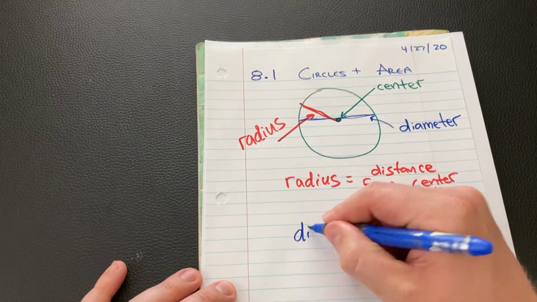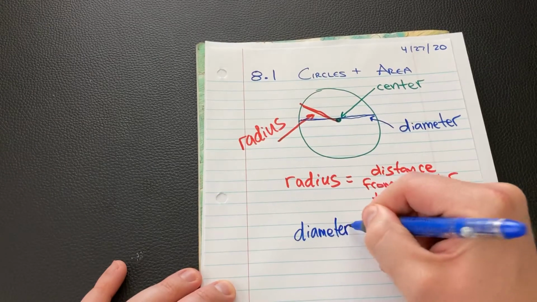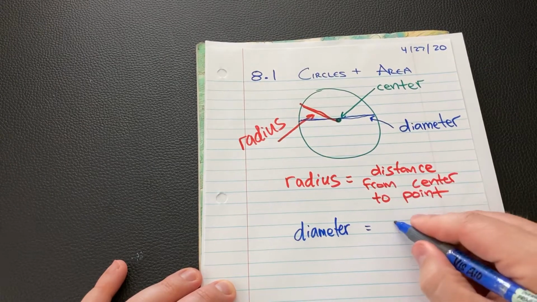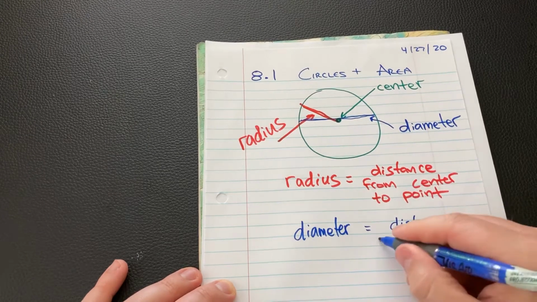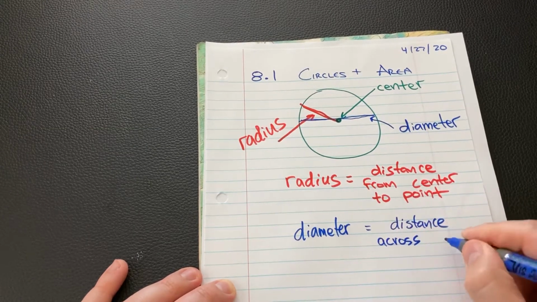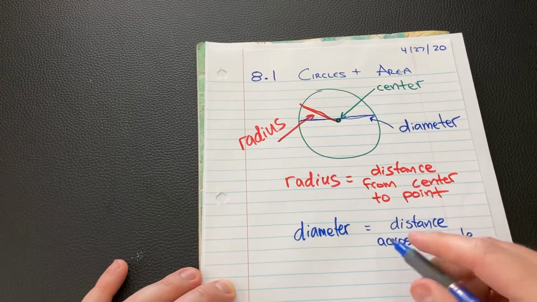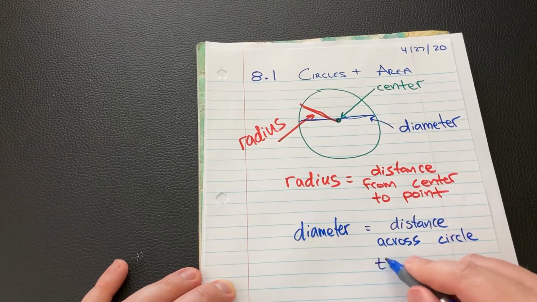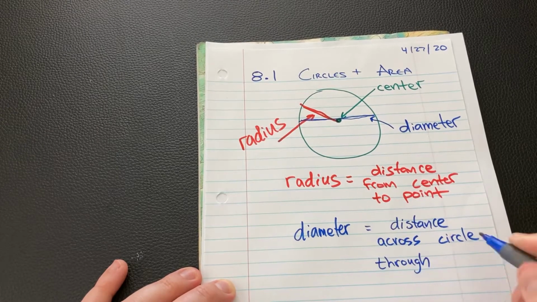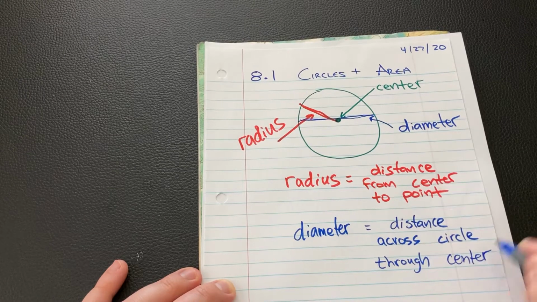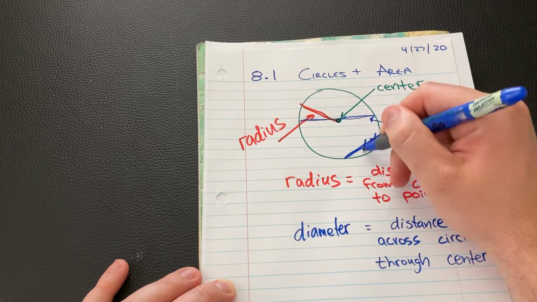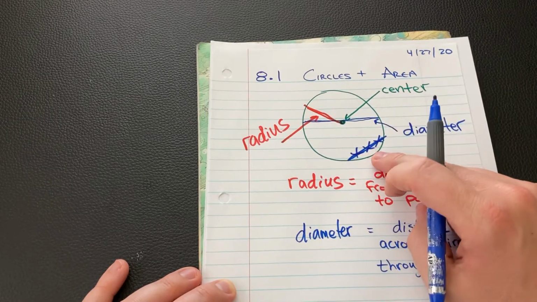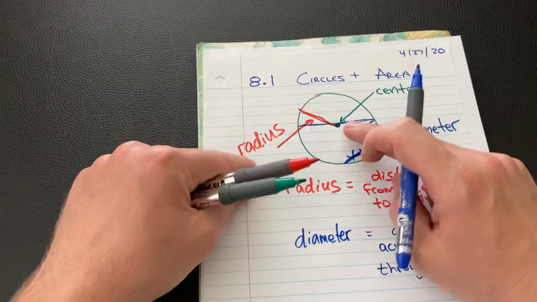Let me see that, so I'll write that down. This is important. It has to go through the center. Let me give you a bad example here. From here to here, this is not a good diameter because it has to go through the middle.